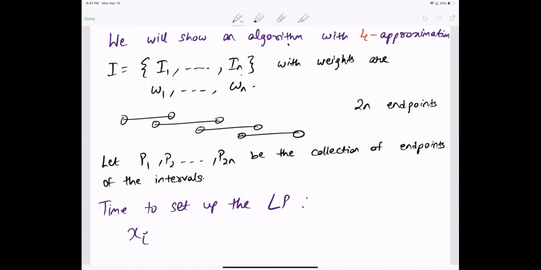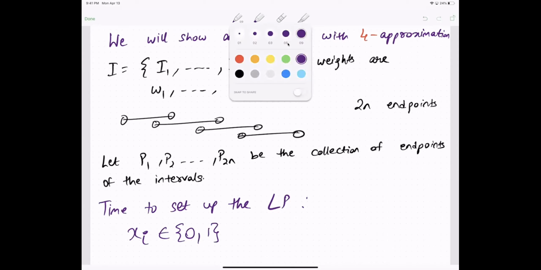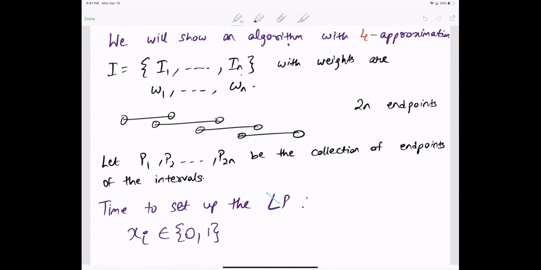The way to do that is we'll define a variable called xi, which will either be 0 or 1. Before setting up the LP, I'll go a bit slow for those who are not very comfortable with LP. Let's set up the integer program.